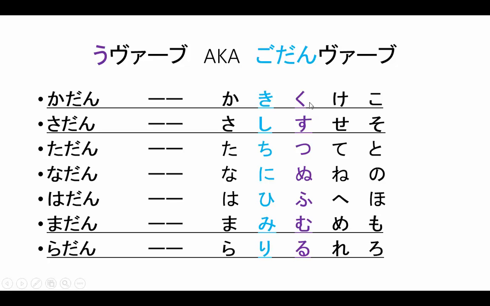They all end in u, and all of the u verbs end in u, right? That's why they call them u verbs in our book. Other books sometimes call them godan verbs because when you conjugate them, eventually they will use all 5 of these pronunciations in their conjugation. So for example, iku is in the purple row for the dictionary form, right? The dictionary forms are always going to be in this purple row.